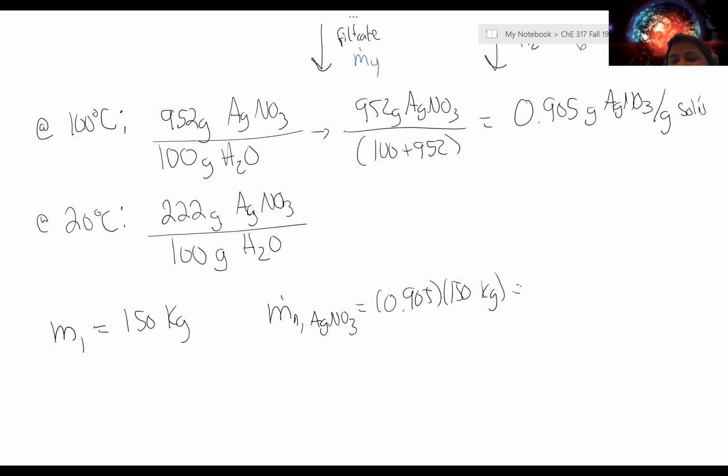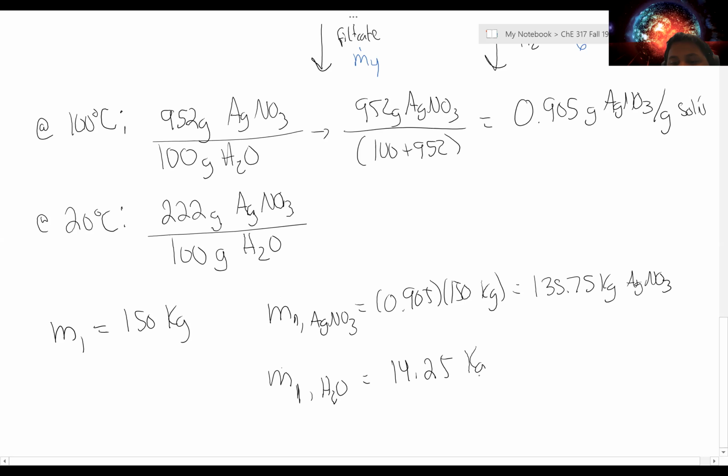Which is 135.75. So we know we have that much silver nitrate entering the process. And the amount of water is just 150 minus that, or 14.25 kilograms of water.